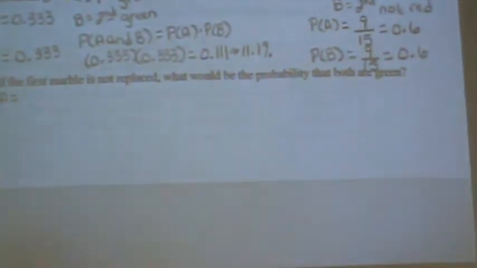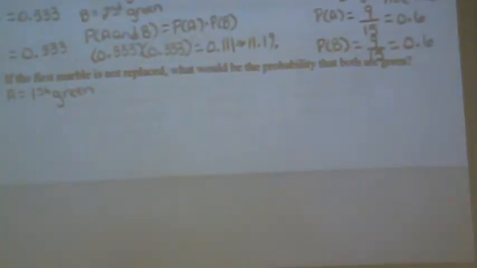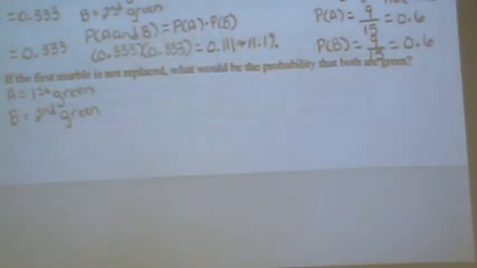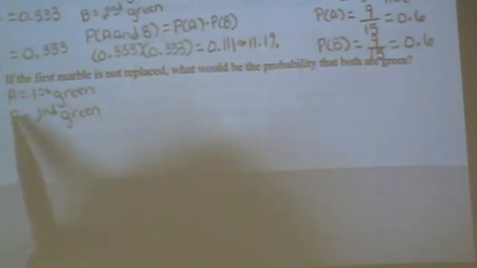So we'll say that our first event, again, is that our first marble is green, because we want both to be green again. So event A is first is green, and then event B is that second is green. And now we need to find the probability of both of these.